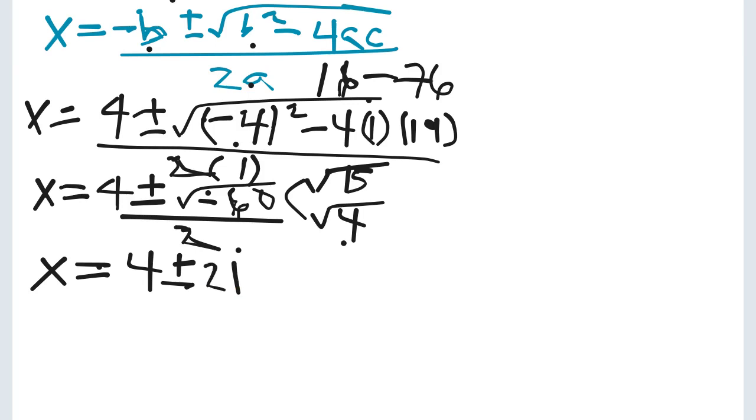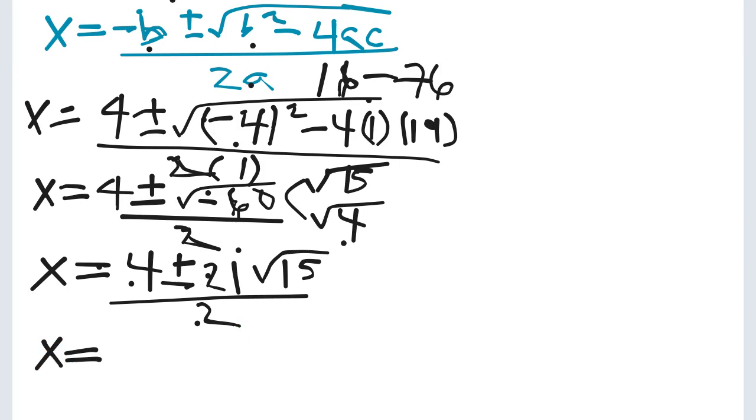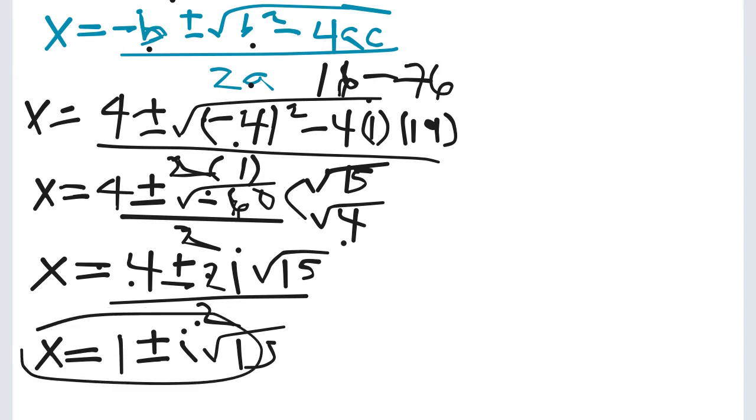Square root of 4 by root 15, over 2. Divide both 4 and 2 by 2, so 2 plus or minus i root 15, which would be the answer.